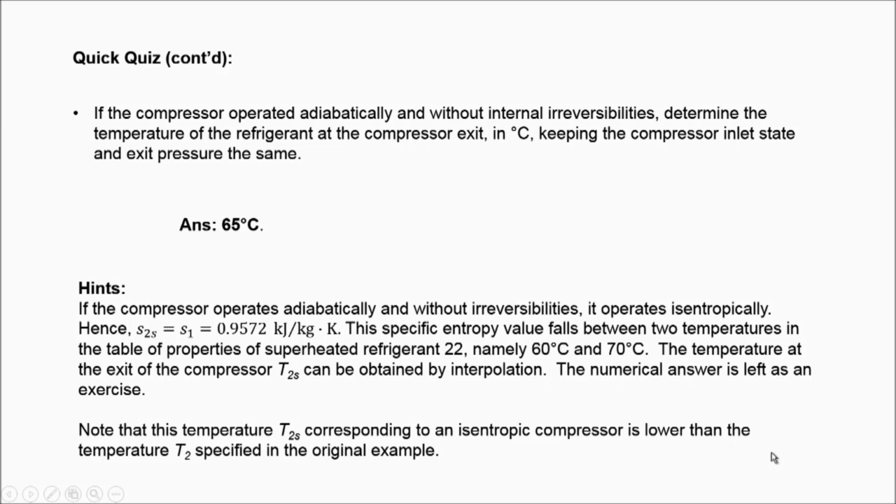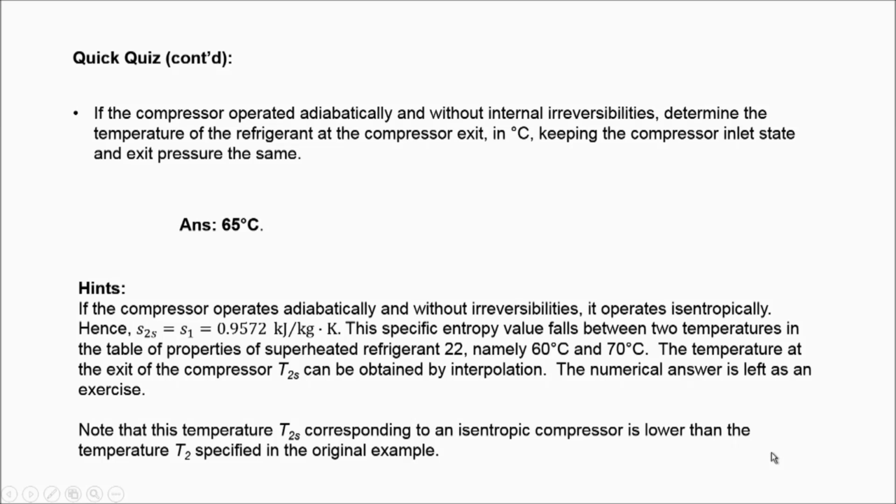Note that the temperature T2s corresponding to an isentropic compressor is lower than the temperature T2 specified in the original example. In closing, in this example, we have learned about analyzing a series of processes for refrigerant 22 across multiple control volumes, undergoing a cycle at steady state.